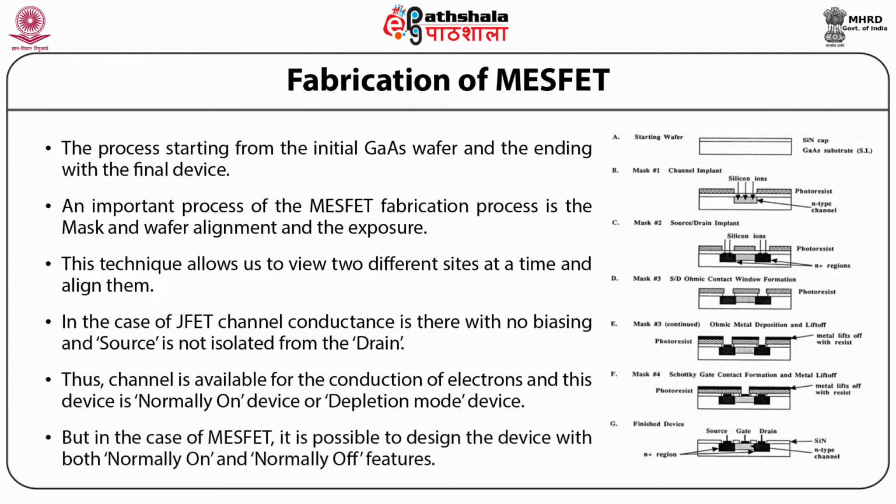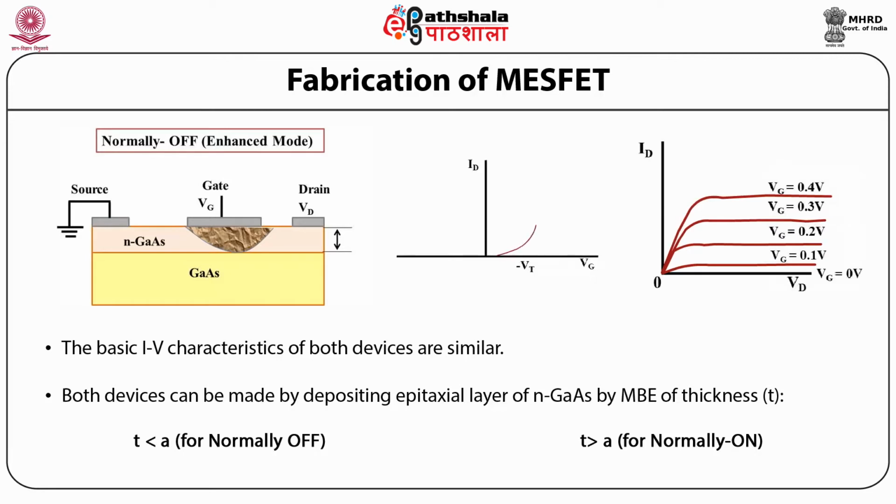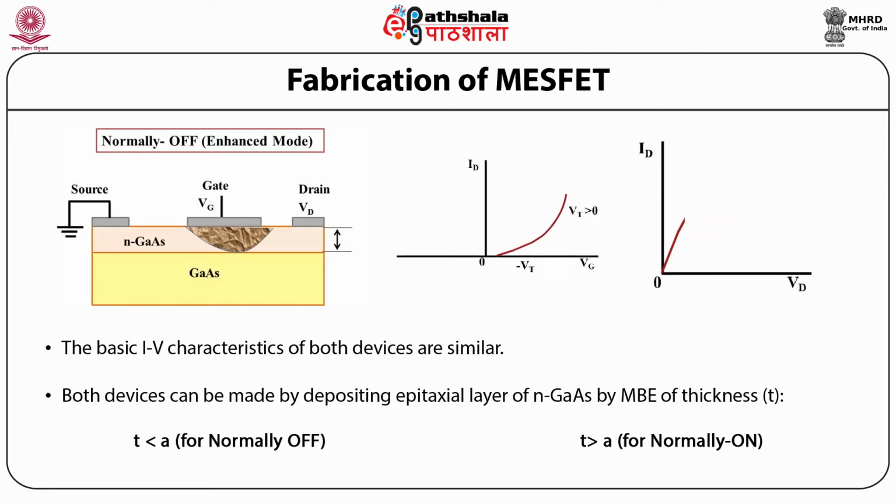But in the case of MESFET, it is possible to design the device with both normally on and normally off features. Let us now discuss the operation of MESFET and start with the enhancement mode normally off MESFET.